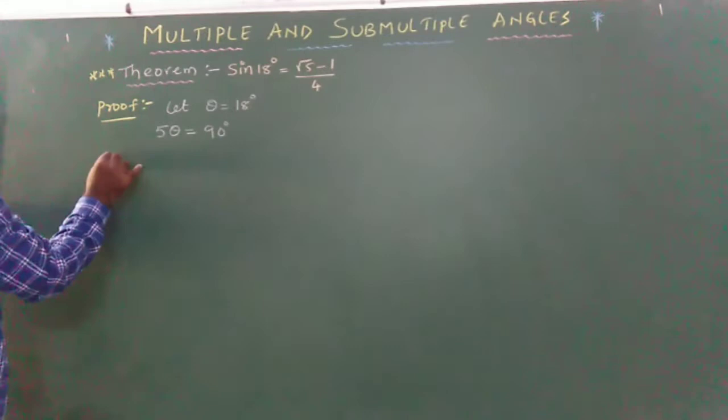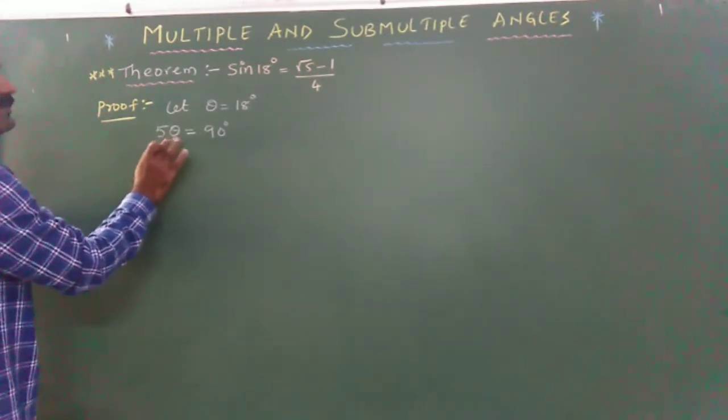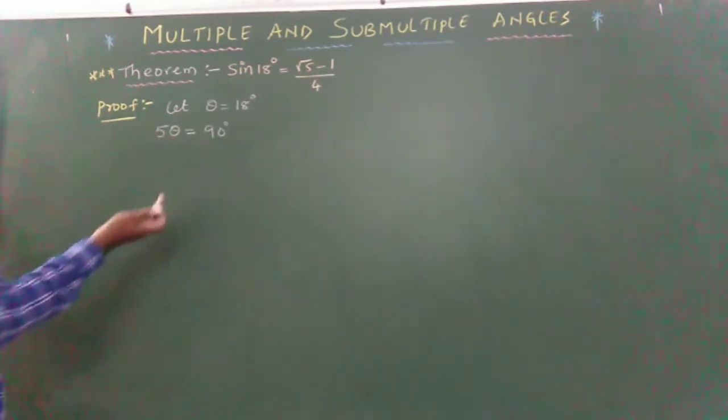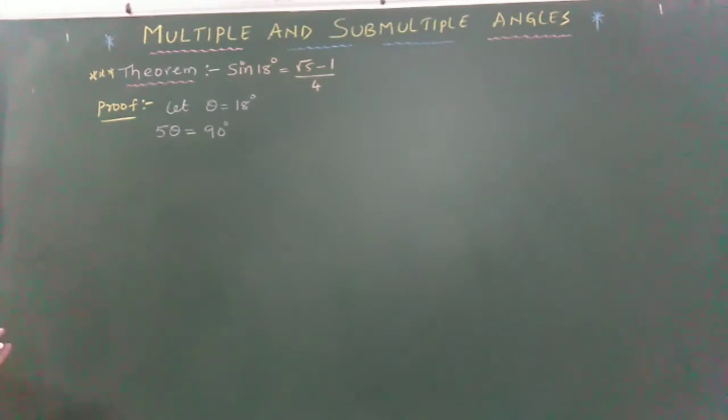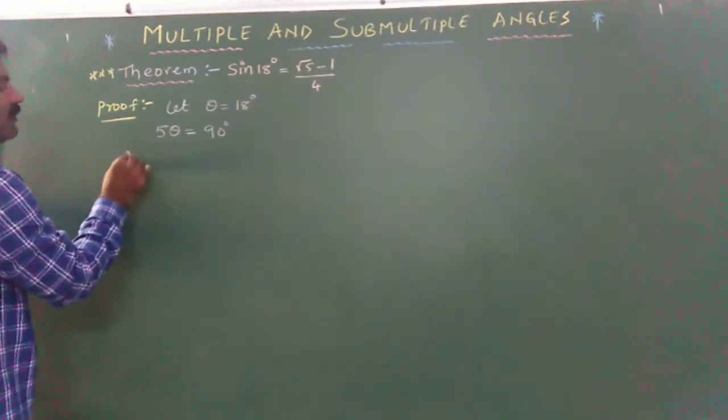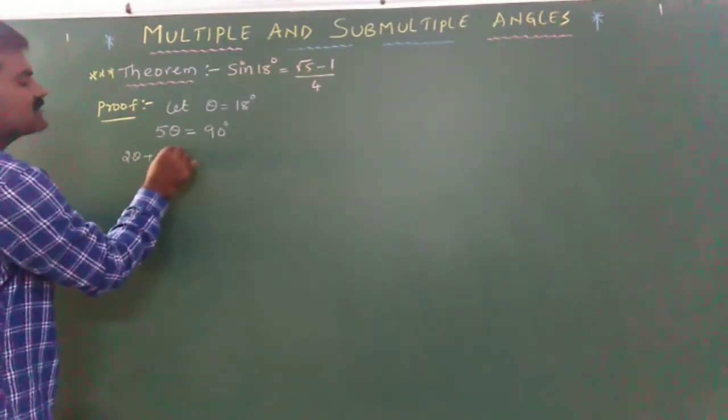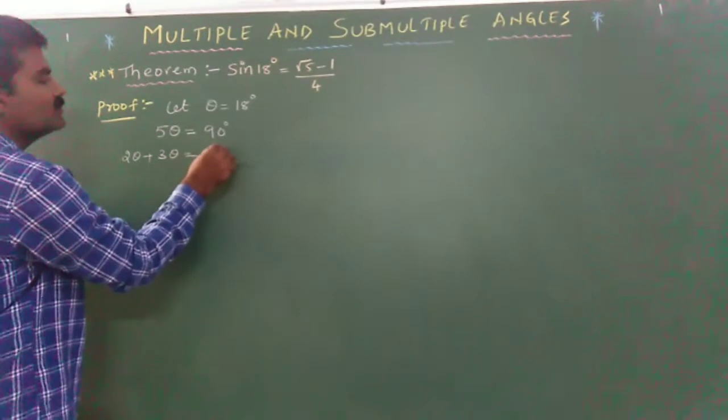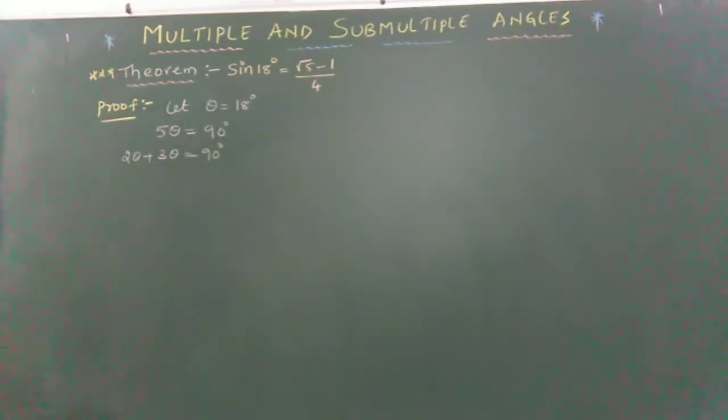Now do you know the formula for sin 5 theta or cos 5 theta? No, not yet. We have just covered 2 theta and 3 theta. So I want to write 5 theta as 2 theta plus 3 theta, which is equal to 90 degrees. Very simple.